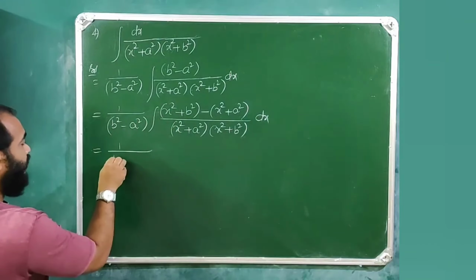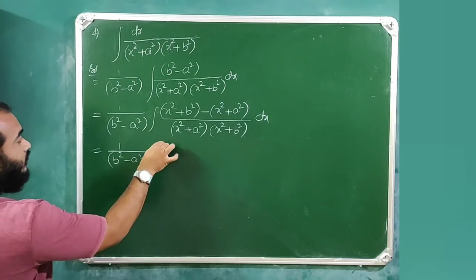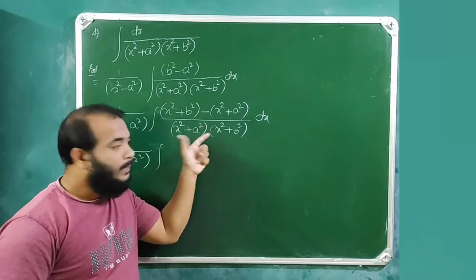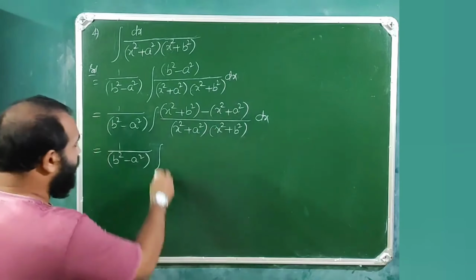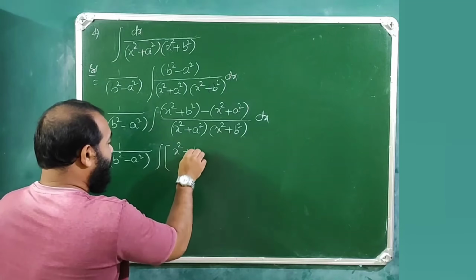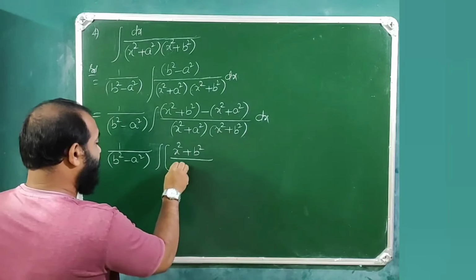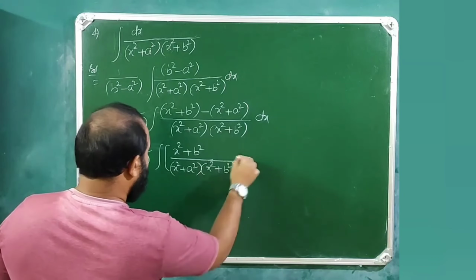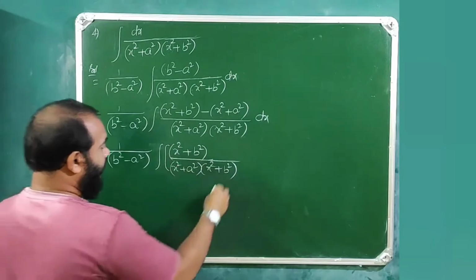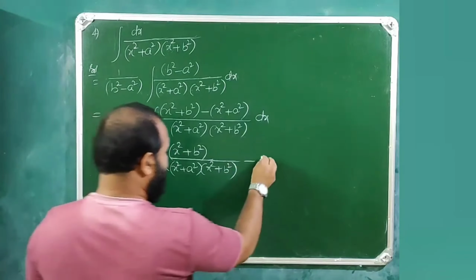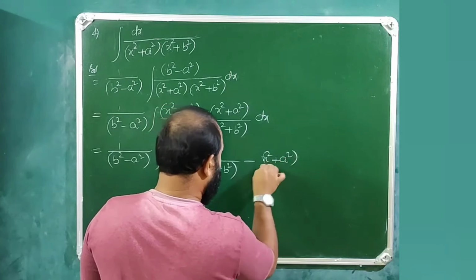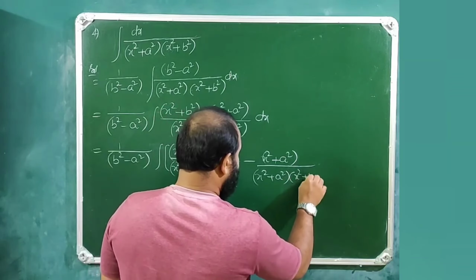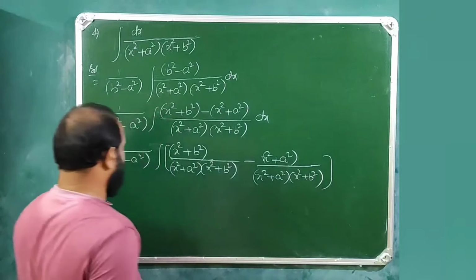So this is equal to 1 by b square minus a square integral of, this is a minus b by c, a by c minus b by c. So this is x square plus b square by x square plus a square into x square plus b square dx, minus, this is x square plus a square by x square plus a square into x square plus b square dx.